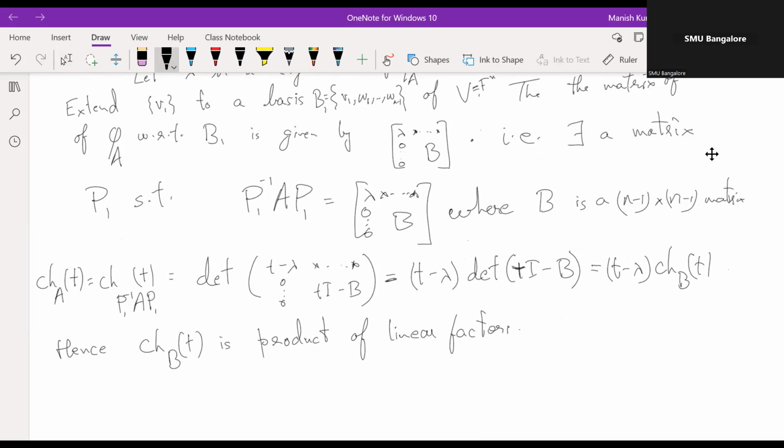So by the induction hypothesis, what can we say?